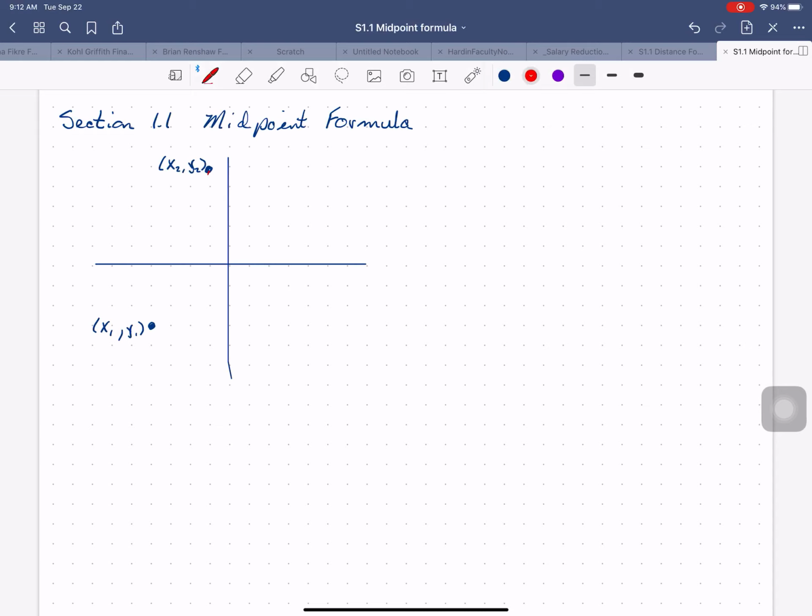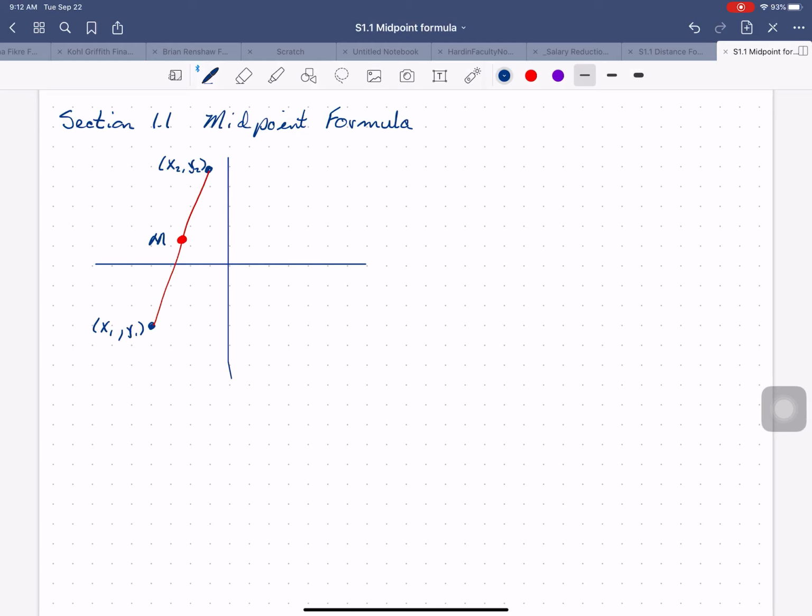We're going to think about this line in between them, but what we're actually looking for is the coordinates of this dot that is exactly halfway between these 2 points on that line segment. This is called the midpoint of that line segment. We'll label it M. And M is a point in space, which means it's got an x coordinate and a y coordinate.